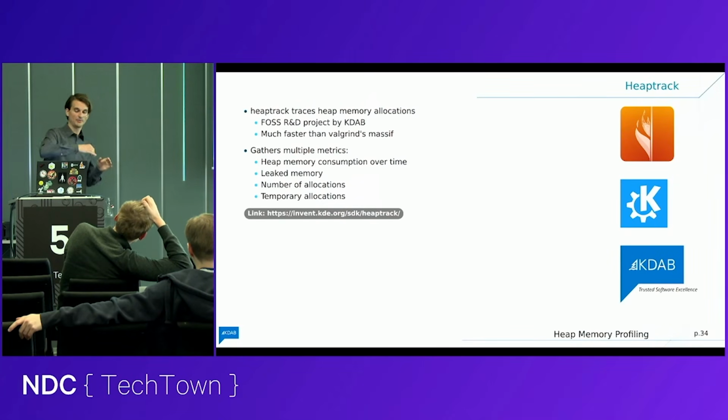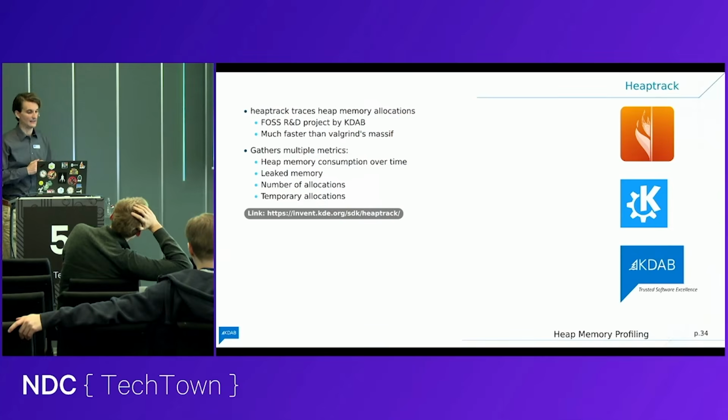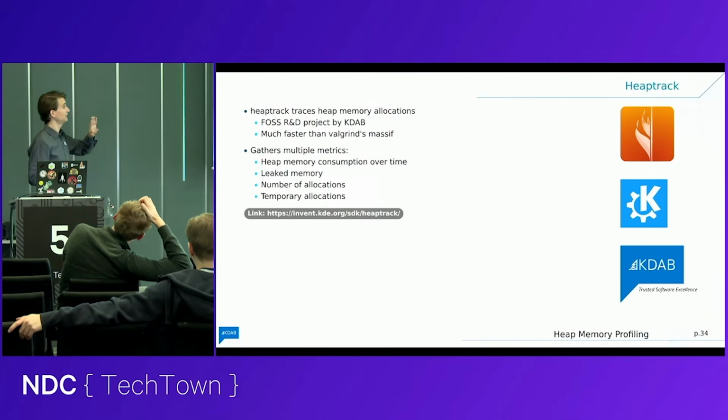And then when that happens, we also collect the call stack and write that to a file, and then later we can analyze that. And this allows us to gather already 4 metrics: heap memory consumption over time, leaked memory, number of allocations, and temporary allocations.